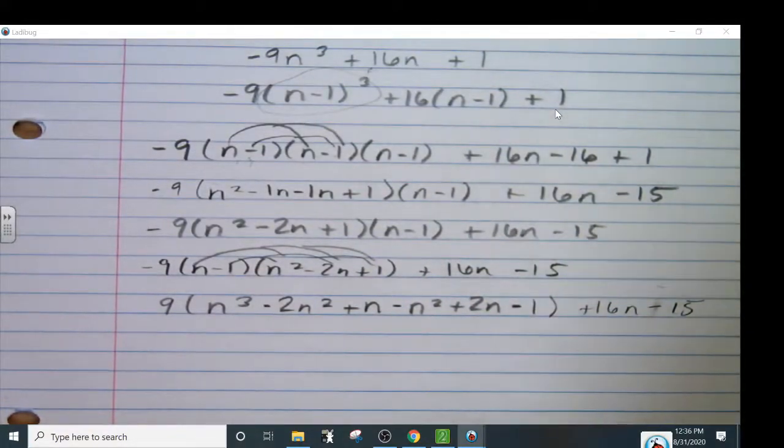And guys, honestly, it's taken a while, but I didn't skip any steps. Some of these steps could have been skipped, like combining like terms and all that kind of stuff in the same step.